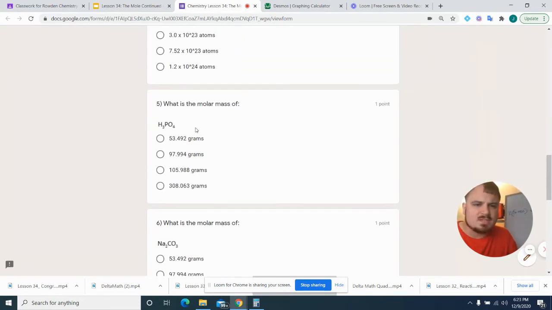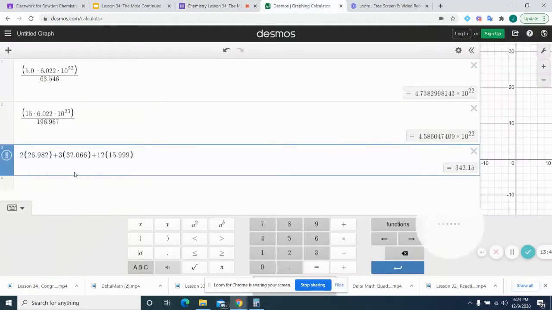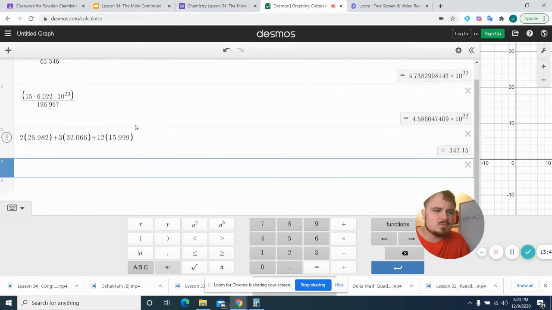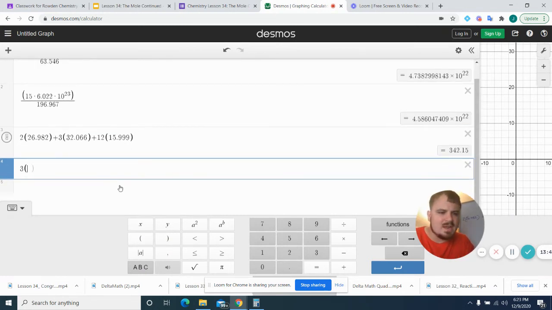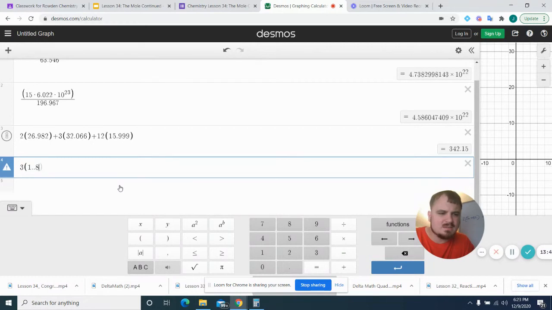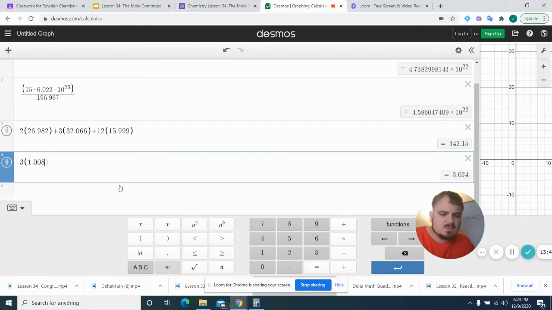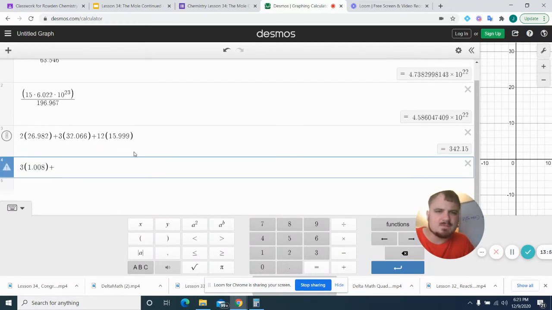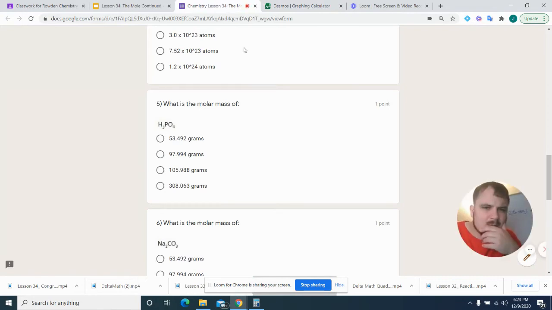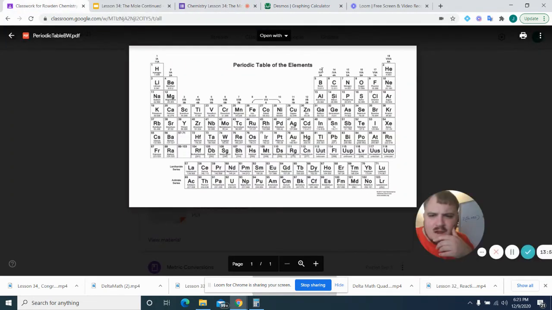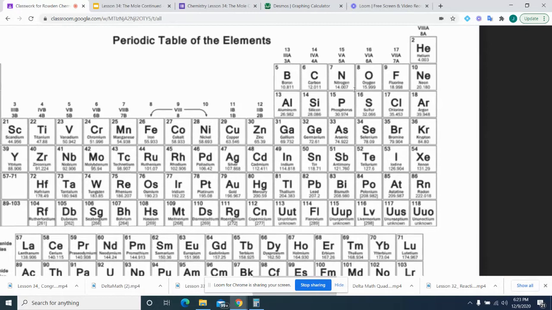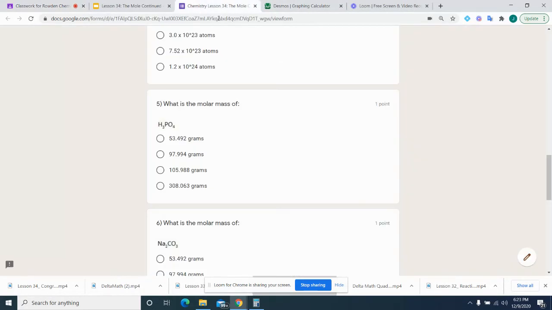Okay, so for this, I'm just going to do it straight on the calculator. It's 3 times H, and we know H is 1.008, plus phosphorus. I need to look that one up; I don't have that one memorized. 30.974.